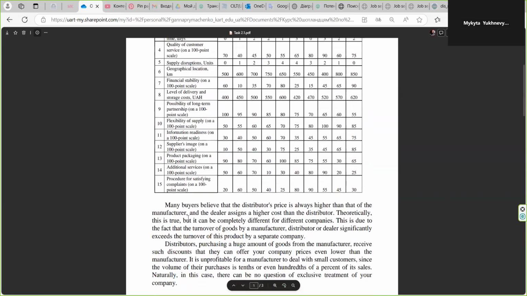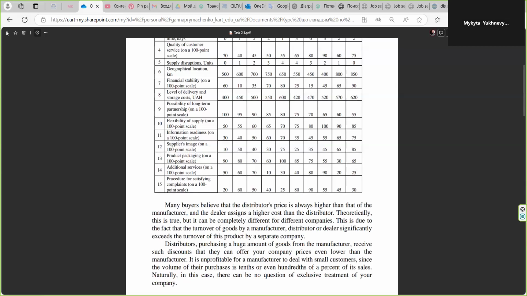Many buyers believe that the distributor's price is always higher than the manufacturer's, and the dealer's is higher than the distributor's. Sometimes it's true, sometimes not. So we need to calculate everything and understand what is better for our company.